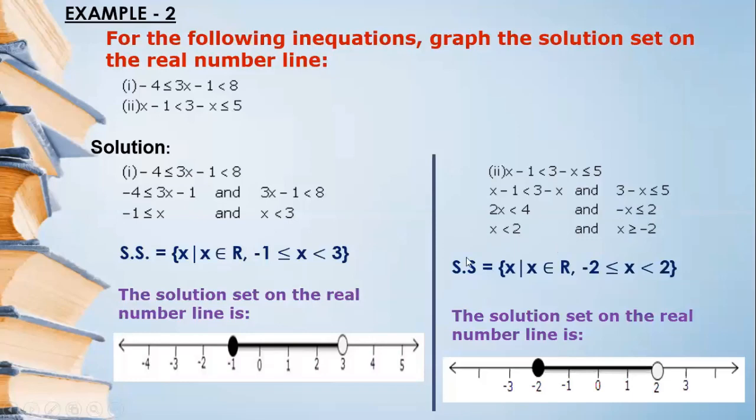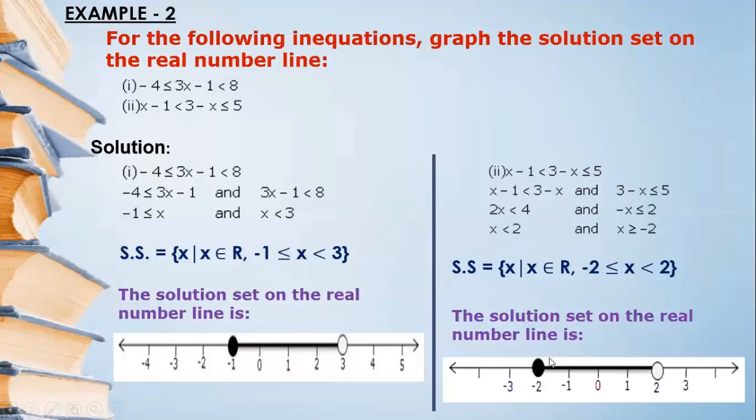Now the solution set. Again, the replacement set is the set of real numbers, so we will take the set builder form. X where x belongs to real numbers and minus 2 less than or equal to x which is less than 2. Now to represent it on the number line, we will draw the number line and make divisions there and then check whether minus 2 is included or not. Yes, it is included.